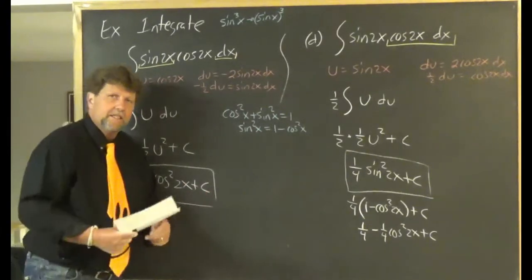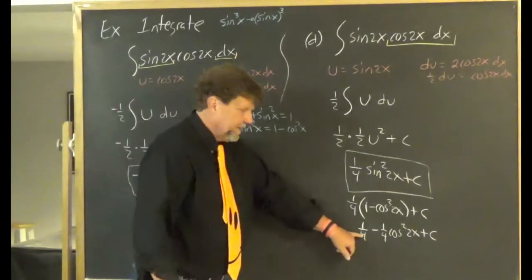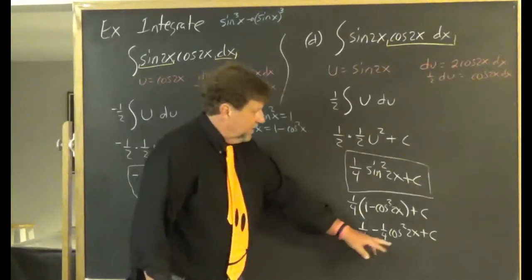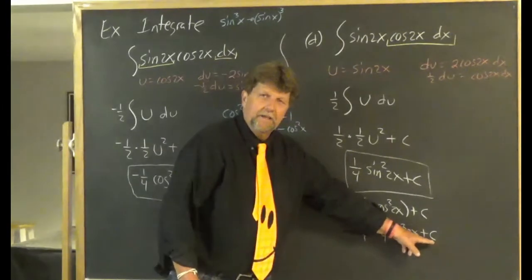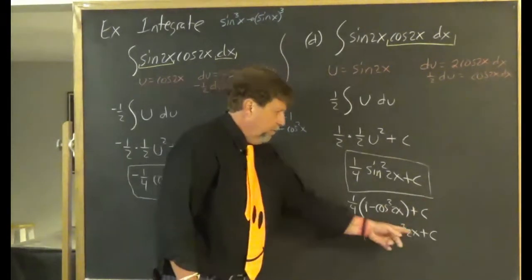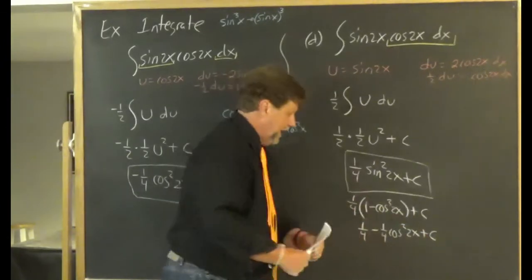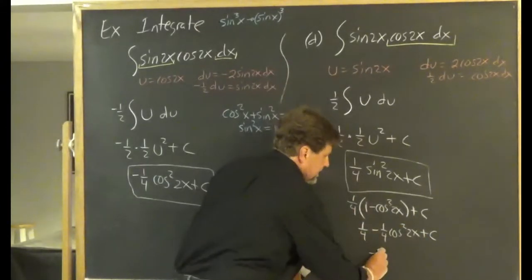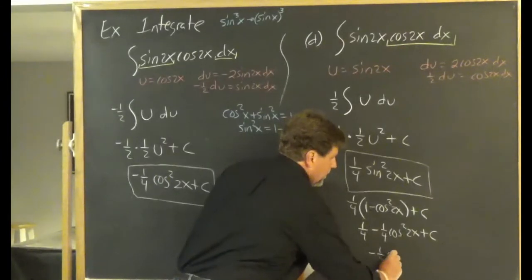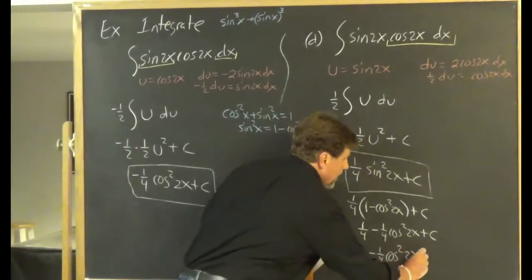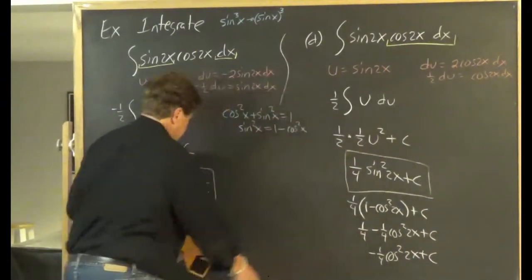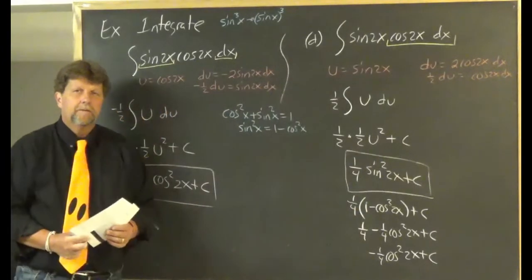It's exactly the same. Folks, 1/4 is a constant. C is a constant. Combine them. 1/4 plus a constant just gives you a constant. So this is negative 1/4 cosine squared 2x plus a constant, and it matches this one.